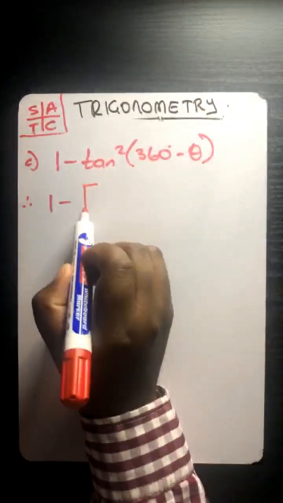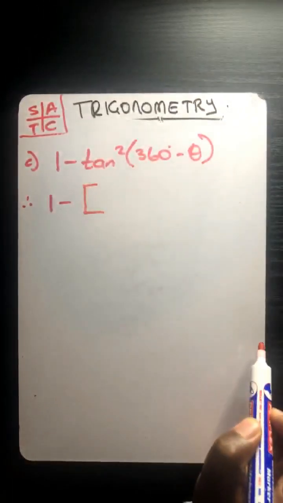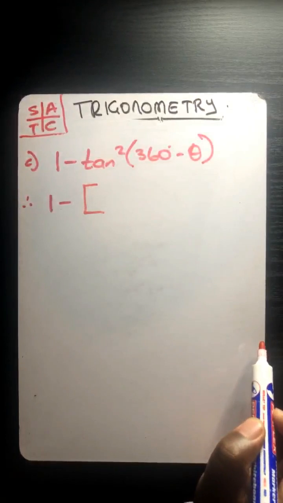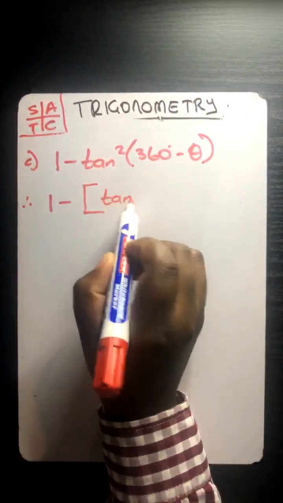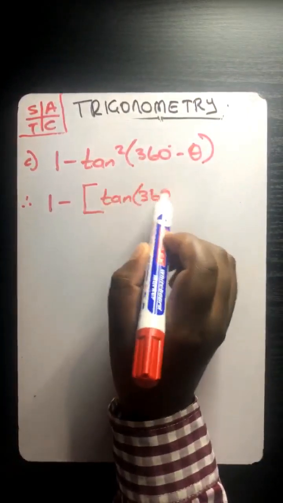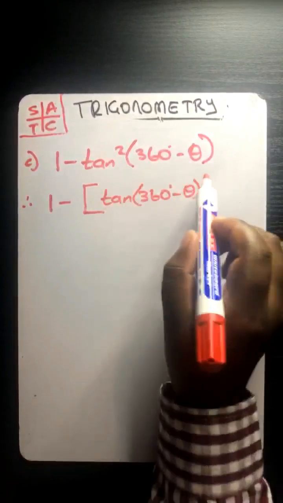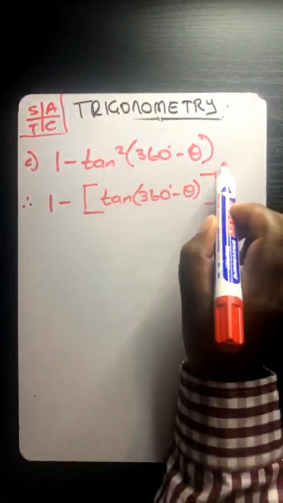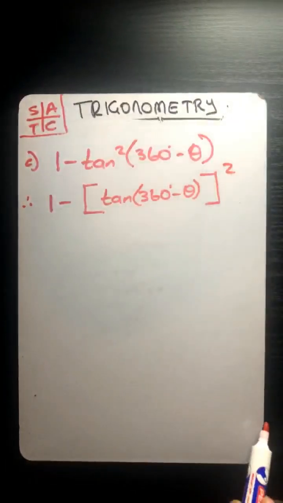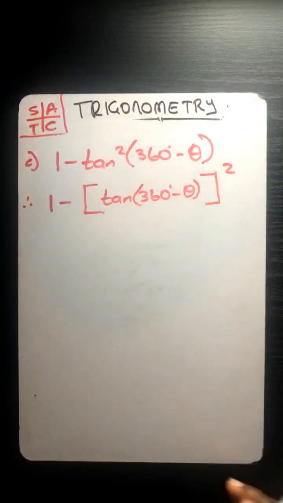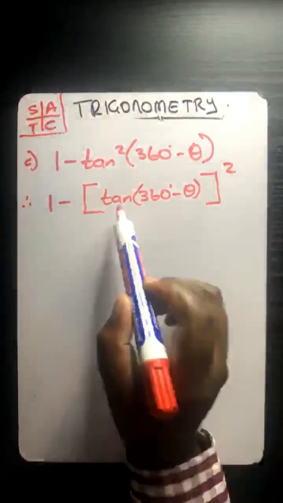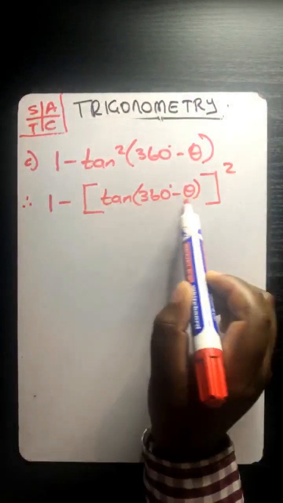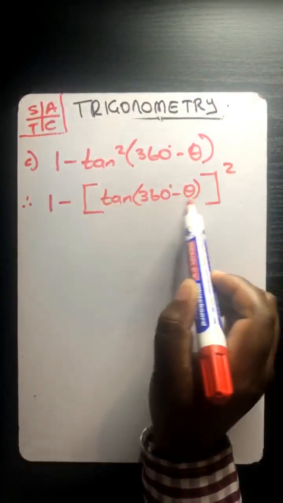I'm going to use this bracket of the corners because I know inside I'm going to have the brackets. So I'm going to say tan of 360 degrees minus an angle. Then I do that one, then I square. Why did I have to rewrite it in that format? It's so that I can easily or nicely reduce that.